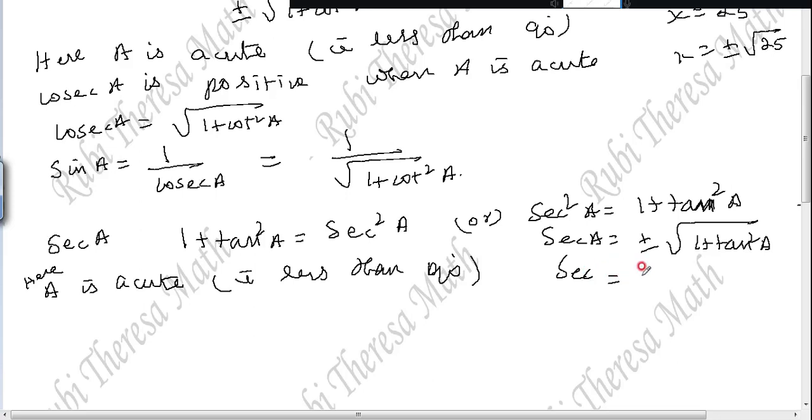Therefore secant A equal to positive root of 1 plus tan squared A. Since it is positive, no need to write the symbol.